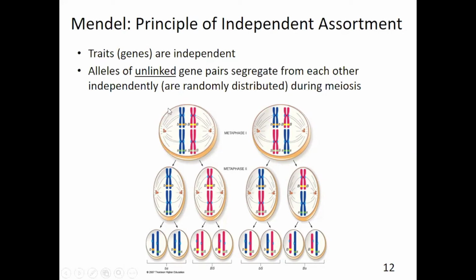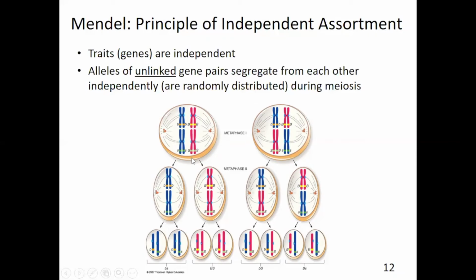Remember, DNA replication occurs in interphase, specifically during S phase. So what we see here are sister chromatids, which are identical copies of a chromosome. And you can see that both of these sister chromatids have the recessive lowercase b allele. Here in red are the sister chromatids for the homologous chromosome, which contain the dominant allele, capital B.